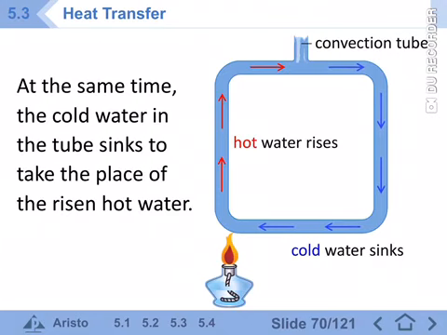And of course, if you just keep on going around and around, the hot water will just keep on rising in temperature, and then the cold water will not be that cold anymore. The temperature will start to rise as well. So overall here, you will see a movement of hot air or hot water rising, and then the relatively cold water sinks to the bottom and replaces the void that is created by the hot water here.